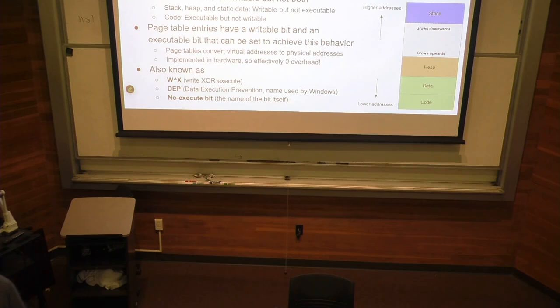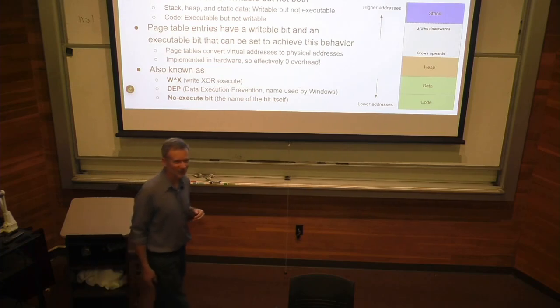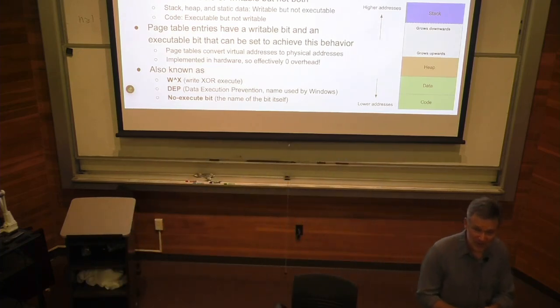Can an attacker find where those bits are and flip them? Good question. The answer is that the page table does not live in the memory space of the program. It's under the control of the operating system.